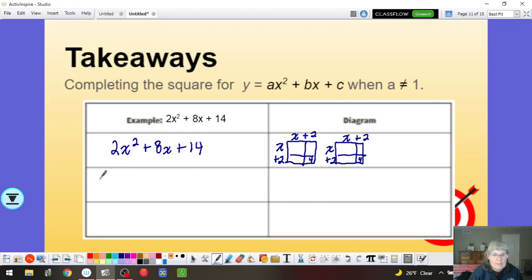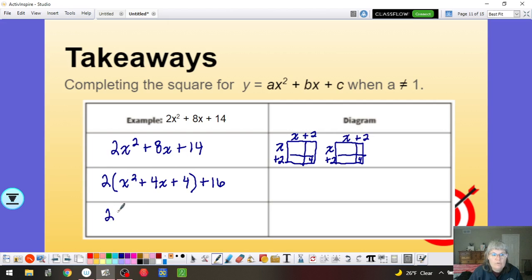So I'm going to write this as 2 times x squared plus 4x plus 4. So 2 times 4 is 8. We need 16 more.